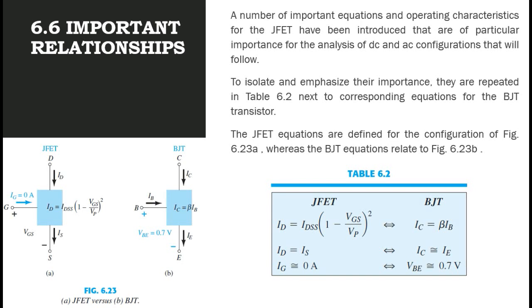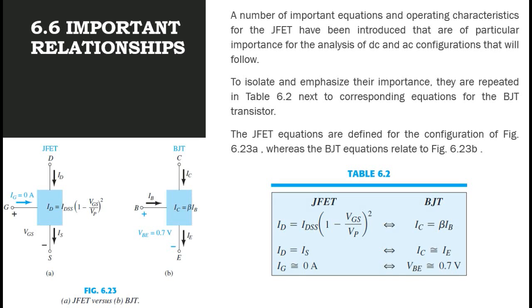In JFET the gate current is almost equal to 0, and in BJT the base to emitter voltage, which is a diode voltage, is always equal to 0.7 volt if you use a silicon semiconductor device. Okay, so in figure 6.3 we have the comparison of JFET and BJT.